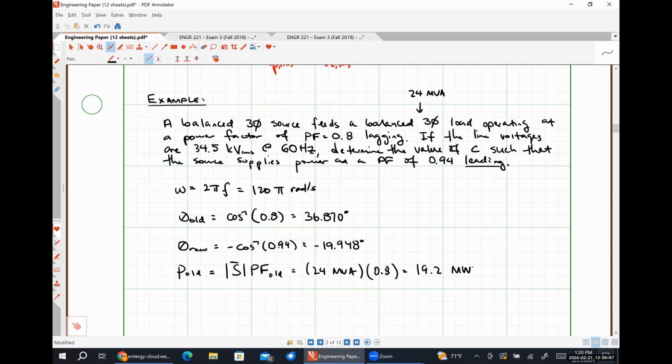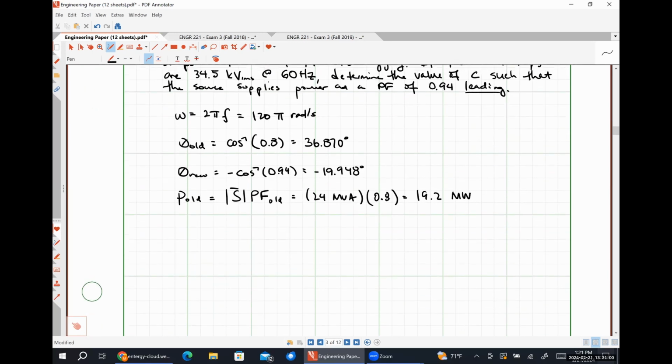And again, this depends on whether or not my capacitor bank is connected in delta or if it's connected in Y, right? So let's assume that we have a Y connected capacitor bank, right?